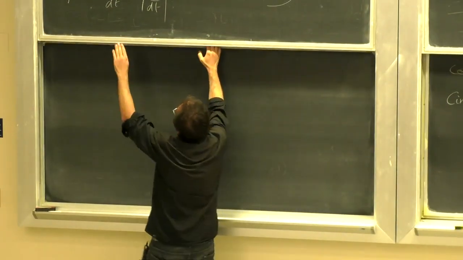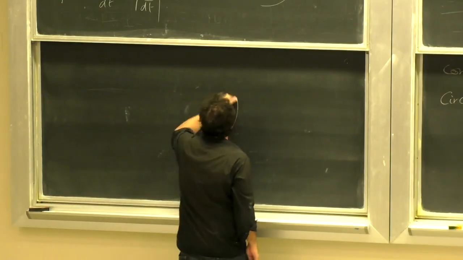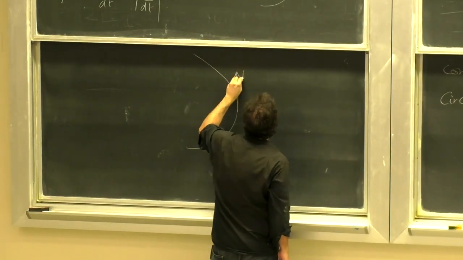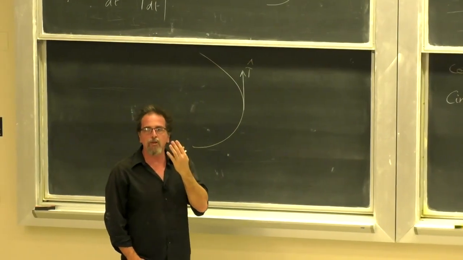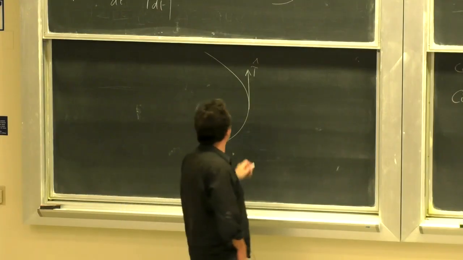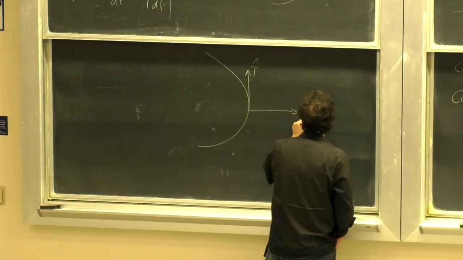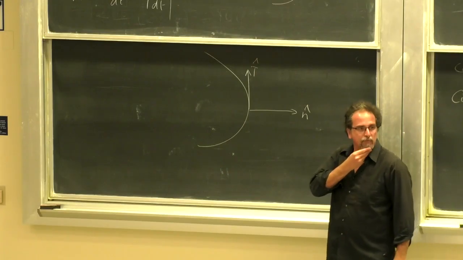Now I want you to look at this, the dr dt, and let me draw that piece of the curve again. And here's a tangent vector, t hat. My normal vector of a curve is perpendicular to t hat. So it's perpendicular. Bada bing. N hat. There's the normal vector.